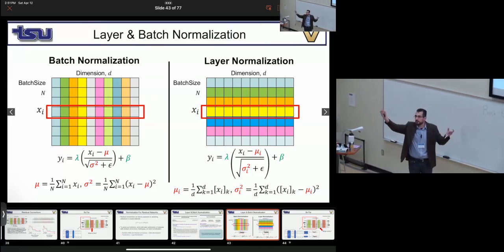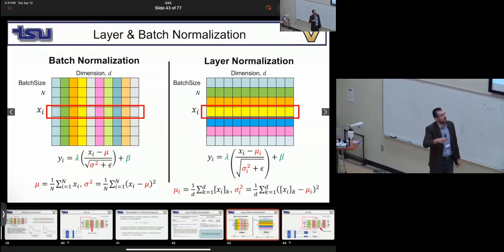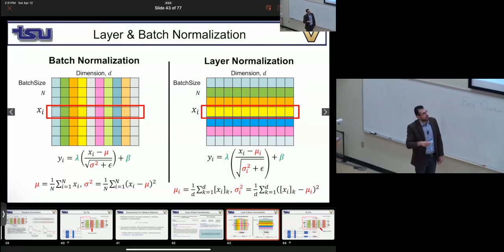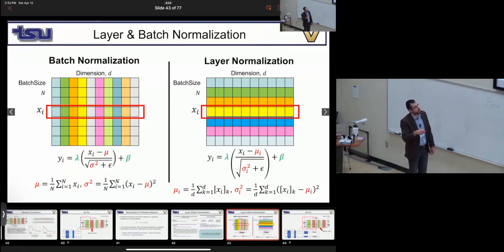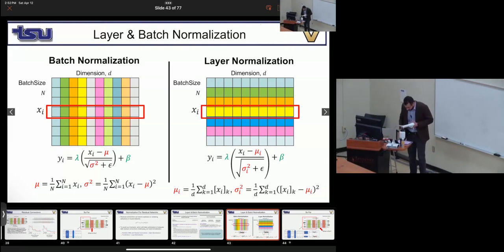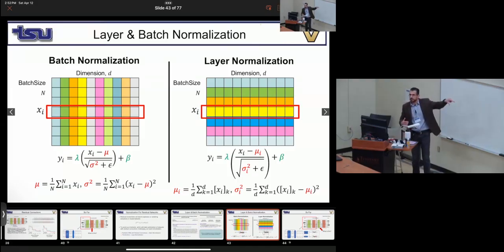It's not exactly that, but it's bringing things and normalizing them that way. And we still have the lambda and beta, which are your learnable parameters. So the only difference is that instead of calculating the mean across samples for each feature as in batch normalization, in layer normalization you do this for one sample and calculate the mean over that entire vector. Okay.